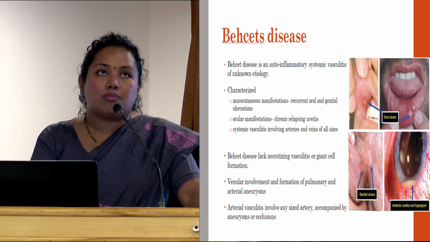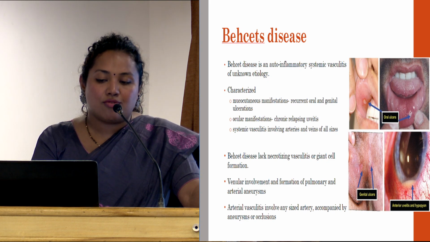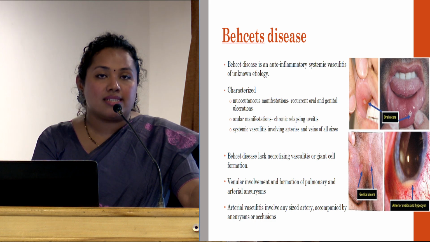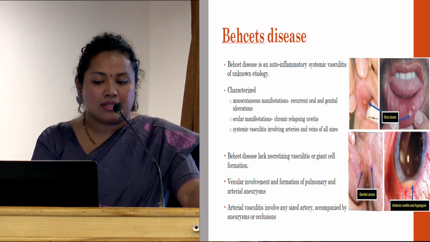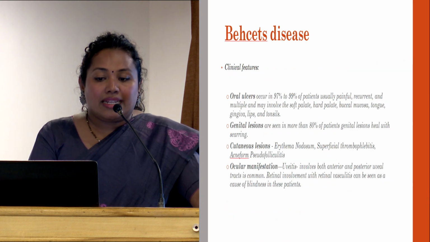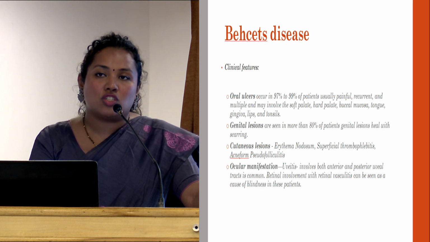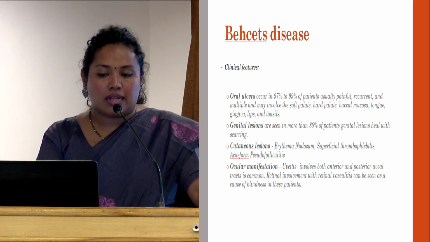The involvement of the pulmonary vessels, formation of pulmonary aneurysms or pulmonary vasculitis is pathognomonic of Behçet's. The clinical features can be oral ulcers, like I said, 97 to 99% of the patients will develop oral ulcers, which usually heal well without scarring.